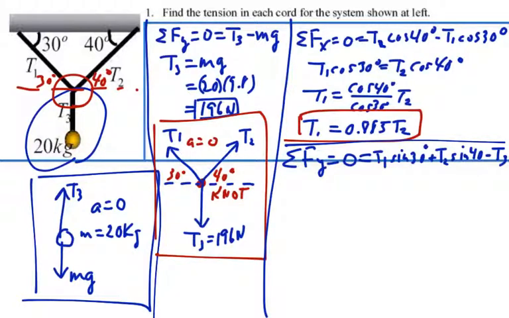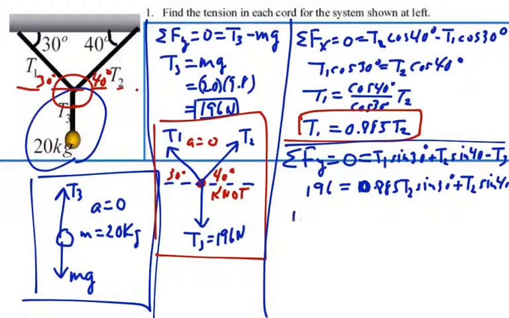Tension 3 is 196 newtons, so we have 196 newtons equal to tension 1, which is actually 0.885 tension 2 sine 30, plus tension 2 sine 40.